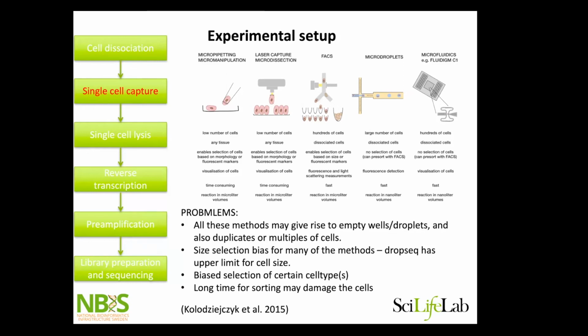And you might get biased selection for certain cell types. I think Carolina already mentioned that with these droplet-based methods, there's a bias against very large cells that you might lose. And it's also important to keep the time for getting to your single cells short so you don't damage the cells.